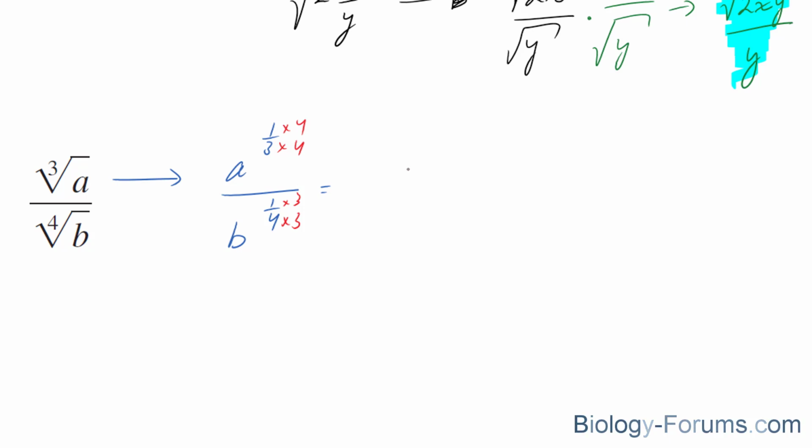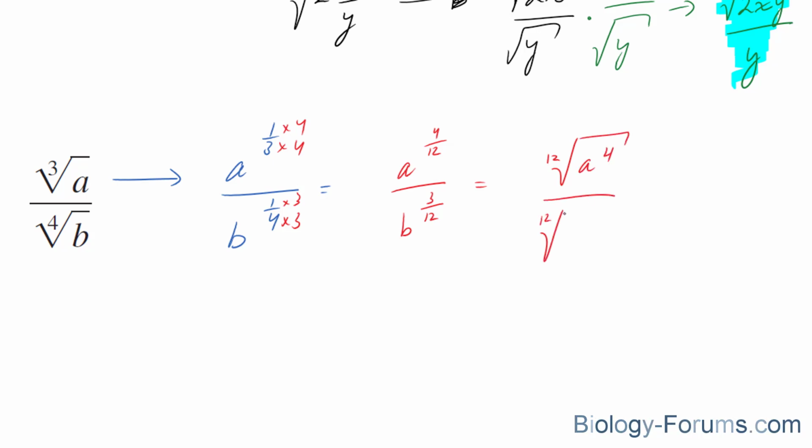And what we end up with is a to the power of 4 over 12 and b to the power of 3 over 12. Now the reason why this is good is because now we have an expression that looks like this.